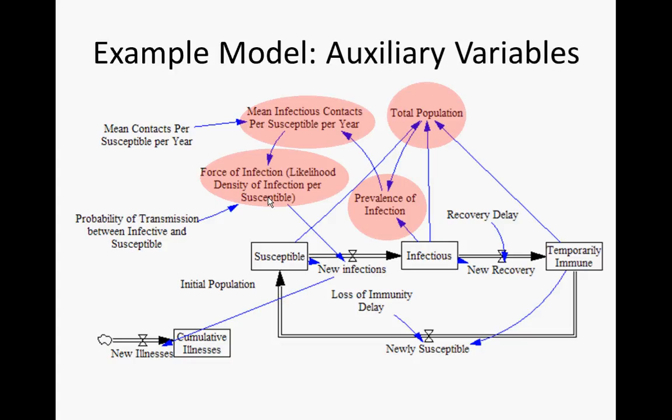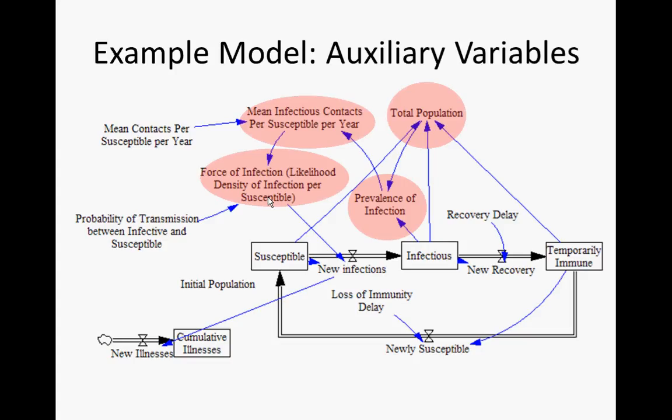Particularly valuable if you had these changing over time. People are dying or what have you, or being born. That might be changing over time. But it's nothing more than the sum of susceptible, infectious, and recovered, and temporarily immune. Similarly, the prevalence of infection might be the number of infectious people divided by the size of the total population. The fraction of that population that's infectious we call the prevalence. Some people call it a prevalence rate, but it's an abuse of the term.